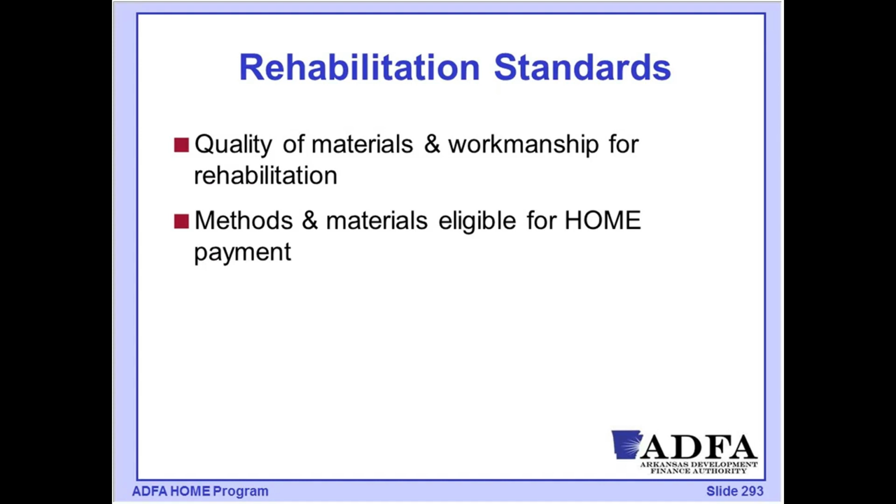We might have a requirement about how many nails were going to be used so that we have a product that is well installed, is going to hold up with wind and wear over time. And so that's how we lay out what the methods and materials are that are going to be required to be eligible for that HOME payment.